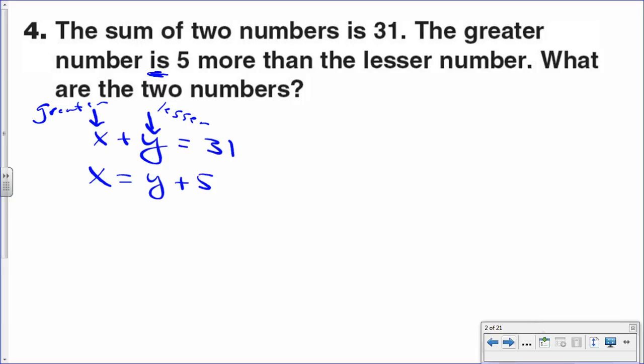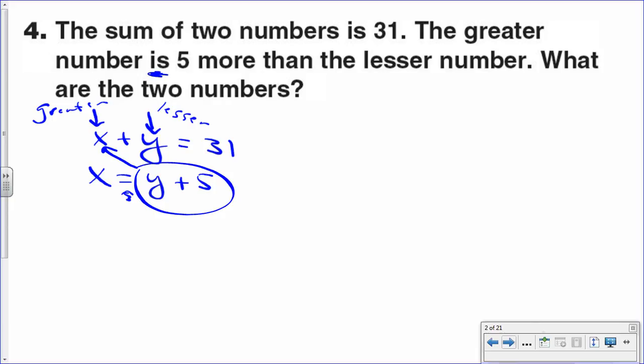Is being what? Equal sign. Okay? Now all I'll do is take that, plug it in for X, solve it. So on and so forth. Just like what we've been doing, right?